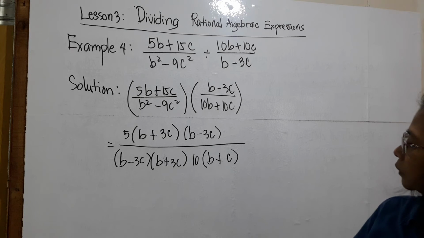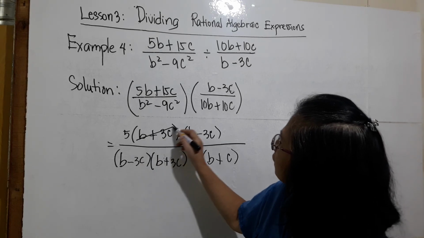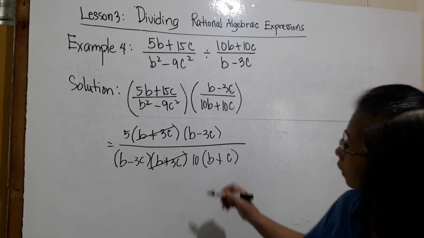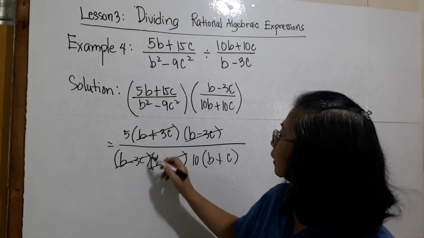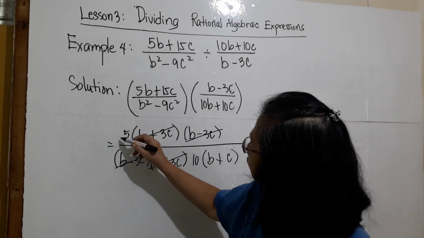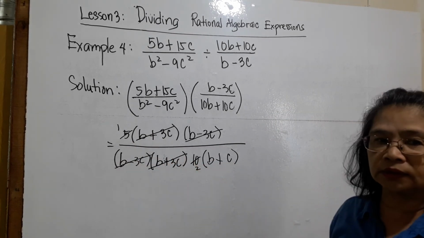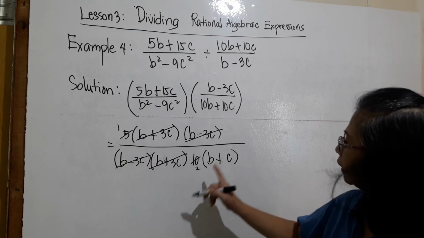Okay, let's go to cancellation. Do we have common terms to be cancelled? So we have b plus 3c in the numerator and b plus 3c in the denominator. Then b minus 3c in the numerator with b minus 3c in the denominator. We can cancel also 5 and 10, so this will become 1 and this will become 2 because between 5 and 10, the GCF is 5. 5 divided by 5 is 1. 10 divided by 5 is 2.